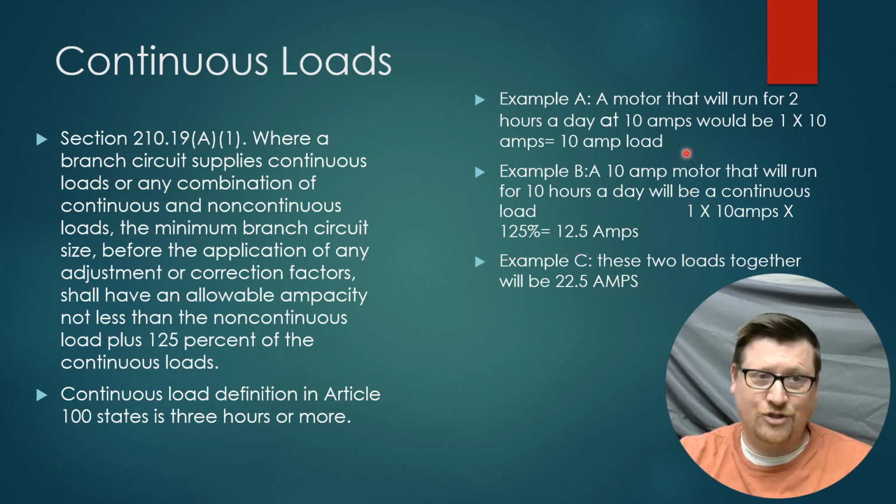If you had these two loads together, your 10 amp load and your 10 amp continuous load, we add those together, we get 22.5 amps. And if both of these motors were on the same branch circuit, I would need to choose wire that was suitable for 22.5 amps.